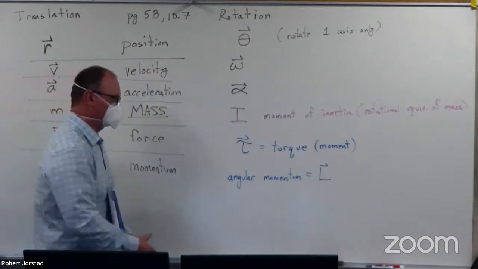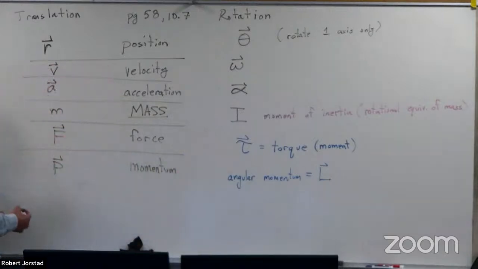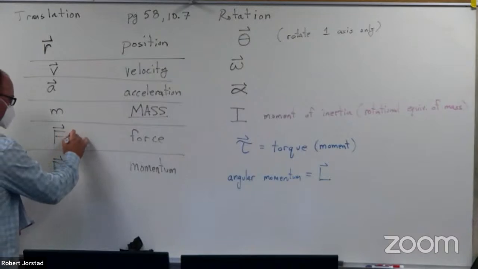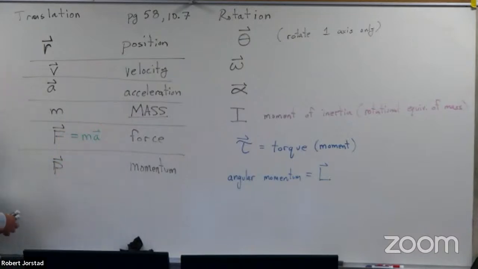It turns out you probably already know an equation for force. F equals MA is the first equation that jumps into your mind, right? What do you think the equivalent equation would be? To be fair, it's the sum of forces equals MA, the net force on an object.